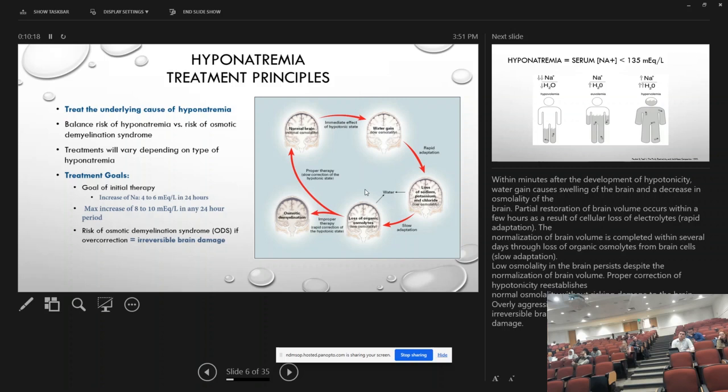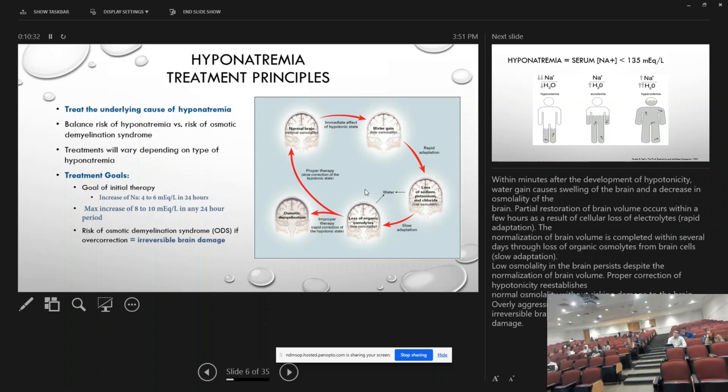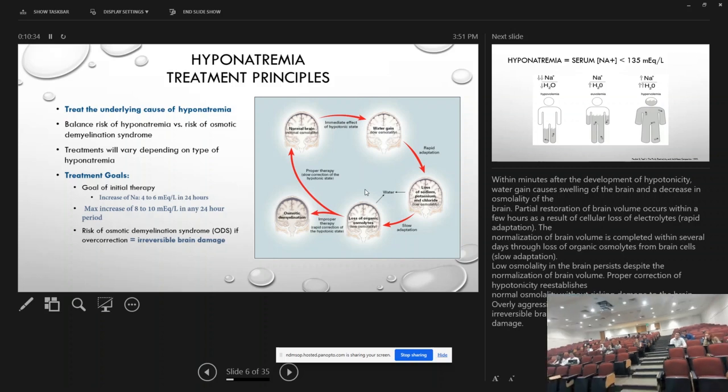So in a normal situation, when the body senses a hypotonic state, you'll have water gain in the brain. It'll cause cerebral edema. Why does that occur? So if your patient presents with hyponatremia, very rapidly you'll gain water inside the brain.